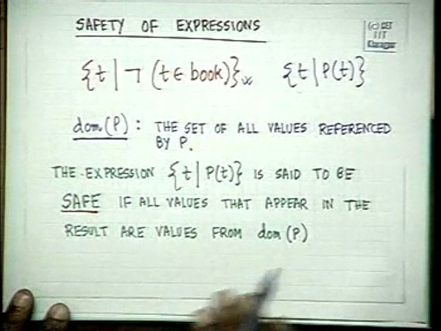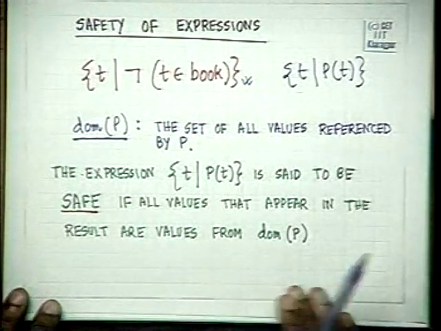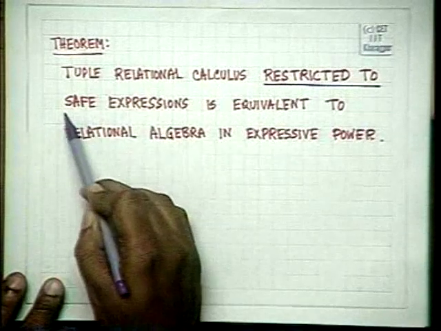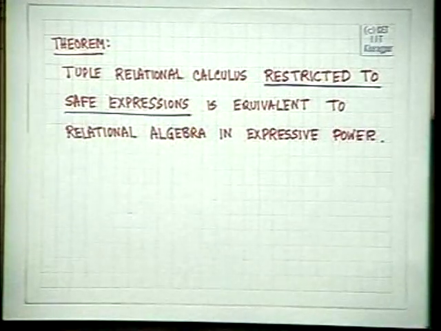There are 2 categories which we can provide here, and there is an interesting theorem which relates tuple relational calculus expressions with relational algebra. Tuple relational calculus restricted to safe expressions is equivalent to relational algebra in expressive power.